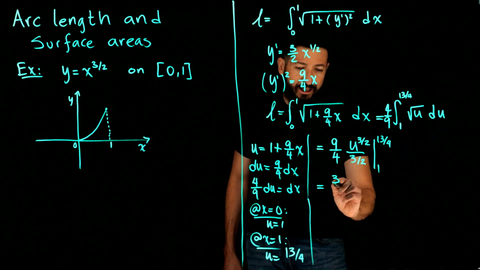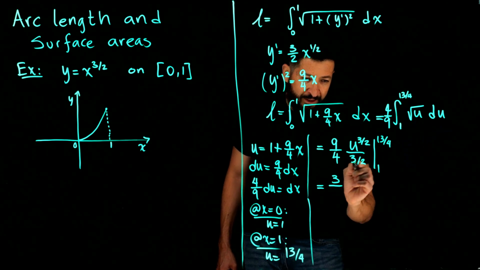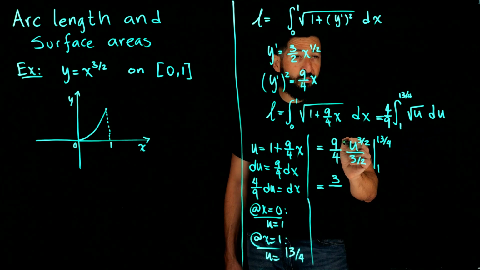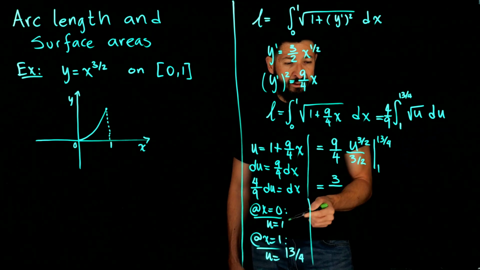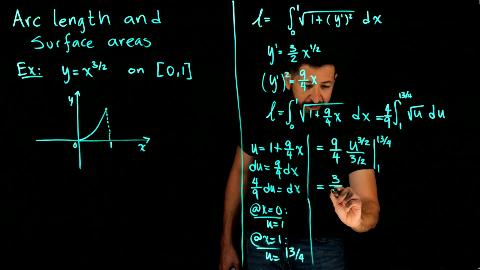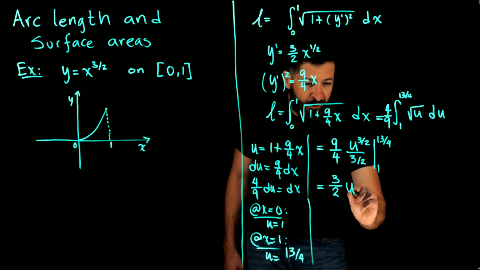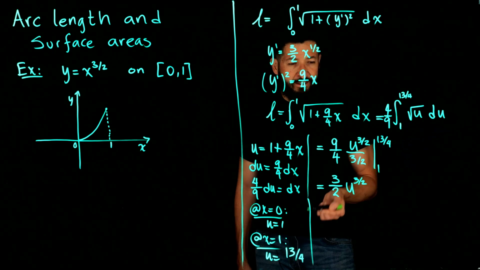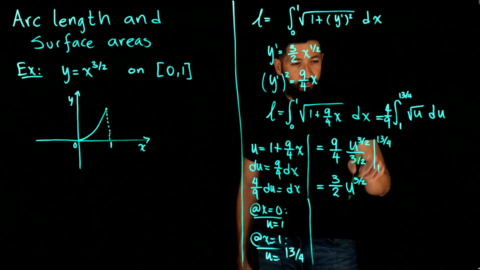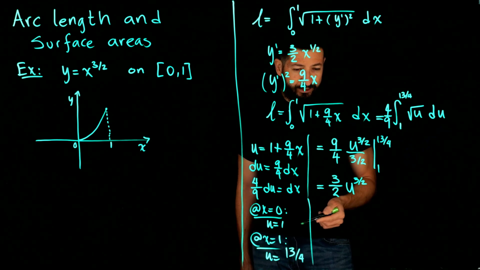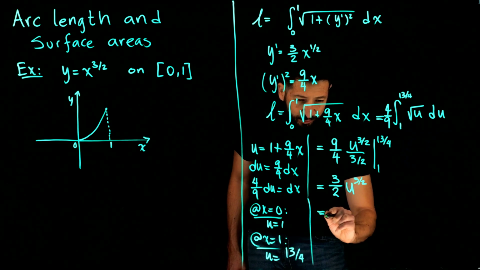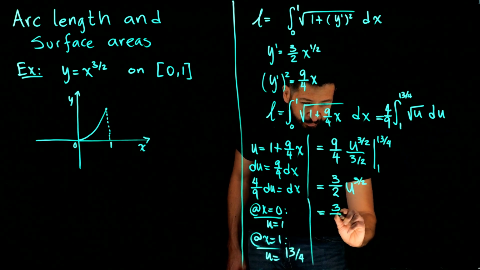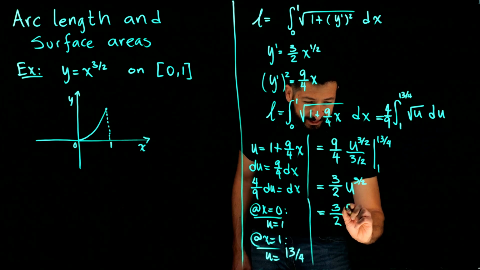The 1/2 and a 4, remember this one becomes a 2 in the numerator when you multiply times the reciprocal. So the 2 and the 4 give me a 2. And this is going to be u to 3/2. Now I got to do the square root and then the cube of 13/4. That's going to be a somewhat ugly number. We're just going to leave it indicated.